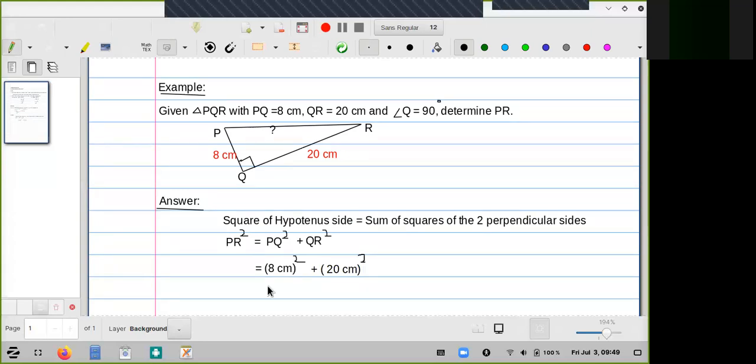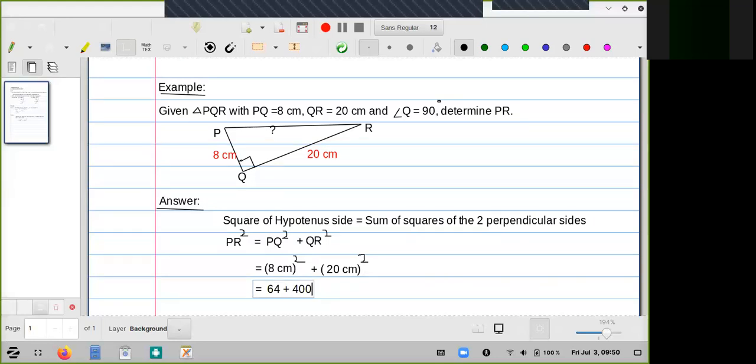Then from there, I'm going to simplify now, which means 8 squared is 64. I'm leaving out the unit, right? But all our measurements are in centimeters. That's fine, right? Then 20 centimeters squared, we have 400.